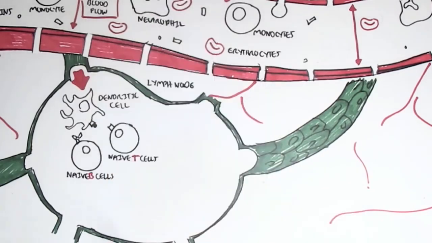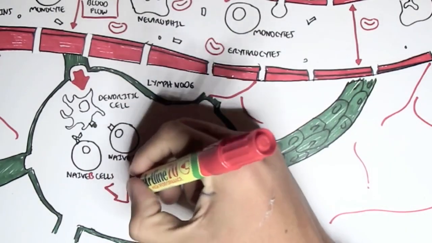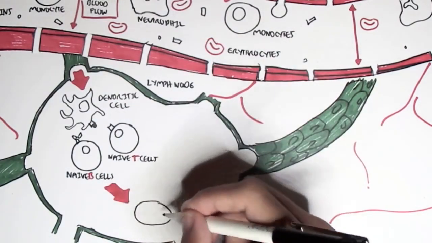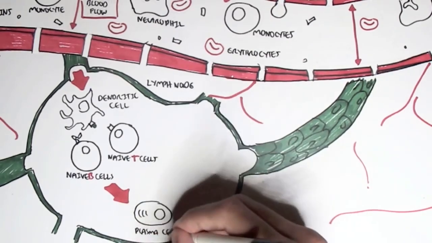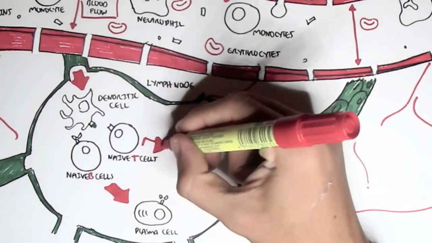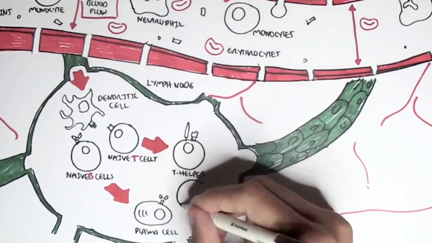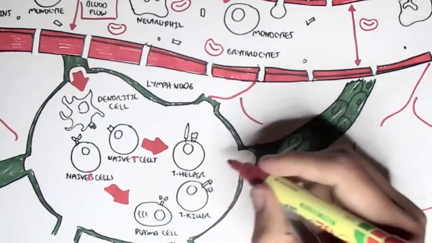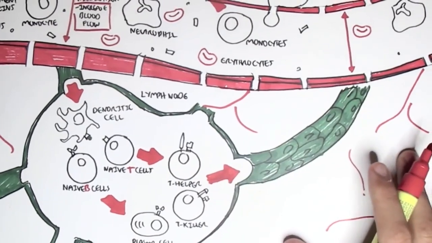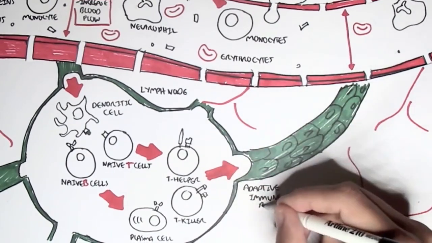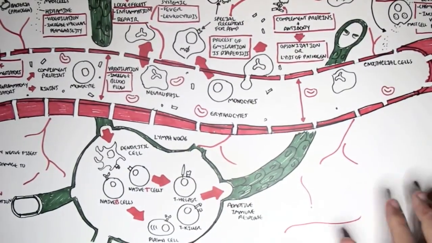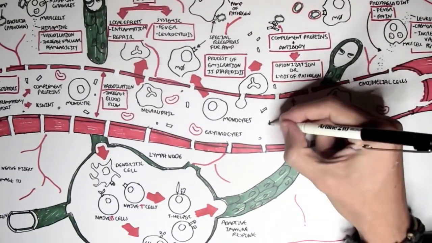The naive B cell will become a plasma cell, which can secrete antibodies. And the naive T cell will become either a T helper cell or a T killer cell. These cells are the lymphocytes, and they are part of the adaptive immune response. They are very specific and will attack the pathogens that has invaded the body specifically.